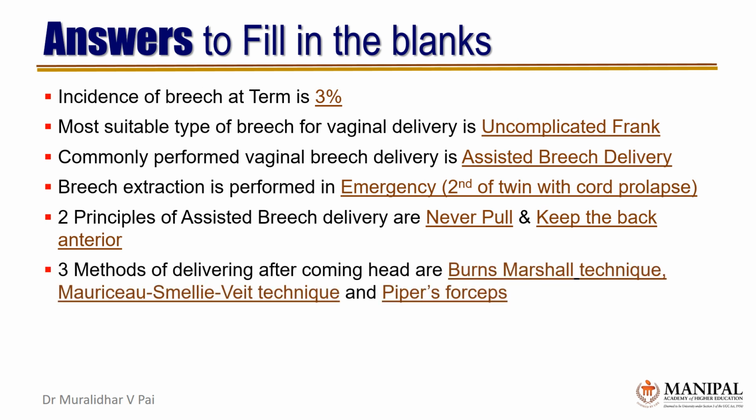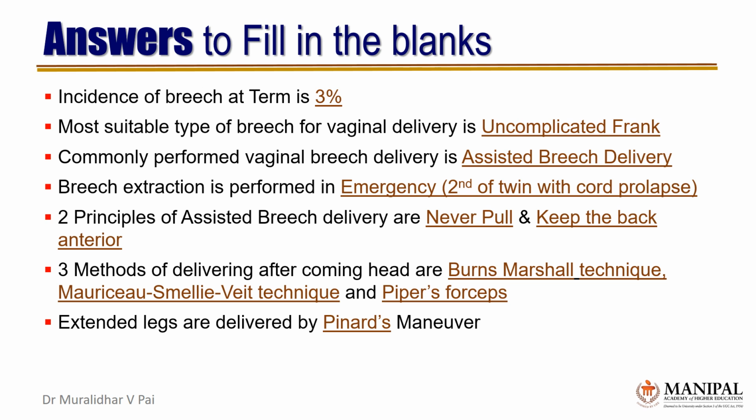Three methods of delivering after coming head are Burns-Marshall technique, Mauriceau-Smellie-Veit technique, and Piper's forceps delivery. Extended legs are delivered by Pinard's maneuver. Nuchal arms are delivered by Lausset's maneuver.